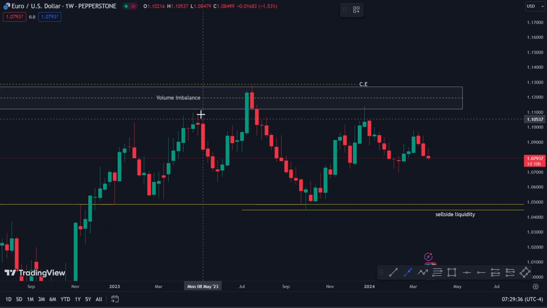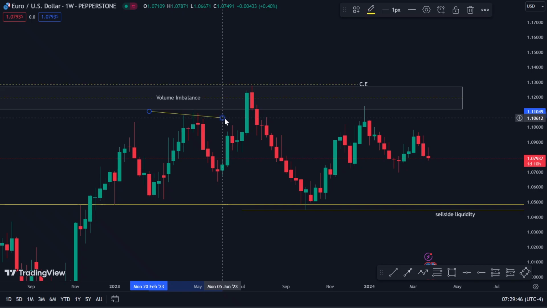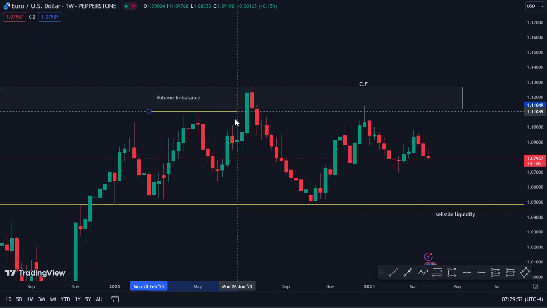See here, these are buy stops. These are our buy stops.